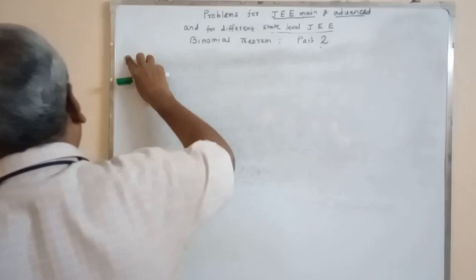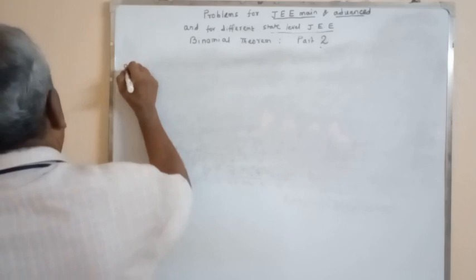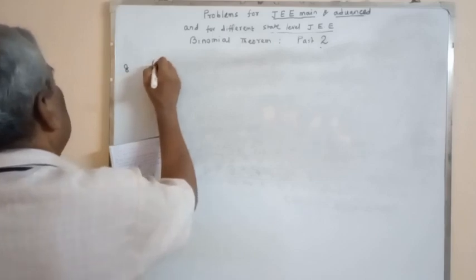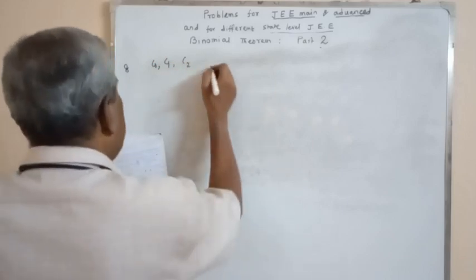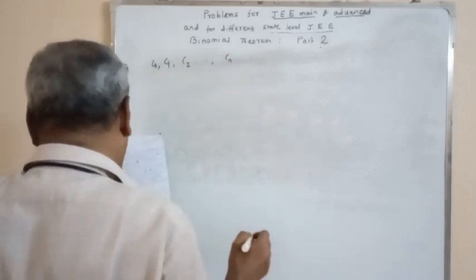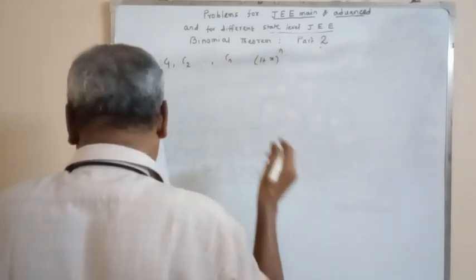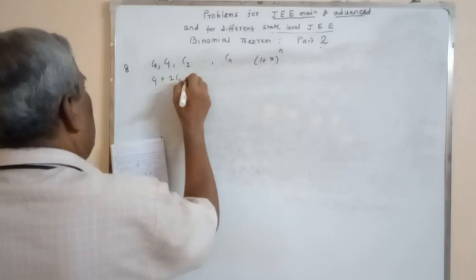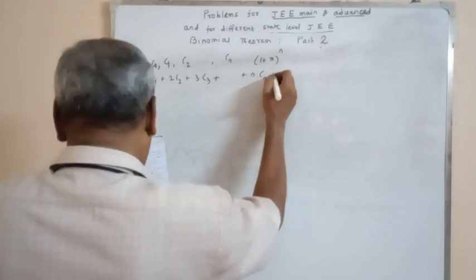Now problem number 8. If C0, C1, C2, up to Cn are coefficients in the expansion of (1 plus x) to the power n, then the value of C1 plus 2C2 plus 3C3 up to nCn, how much?